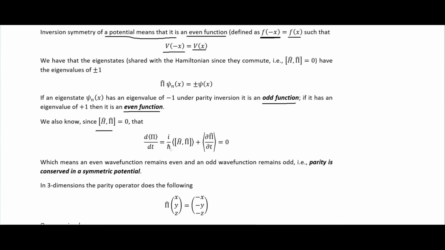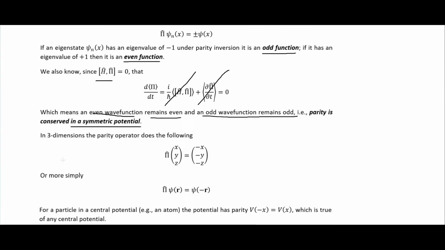And so these commute, so this goes to 0, and the parity isn't explicitly dependent on time, so that will go to 0, and so this whole thing will go to 0, which means that an even wave function remains even and an odd wave function remains odd. So parity is conserved in a symmetric potential.